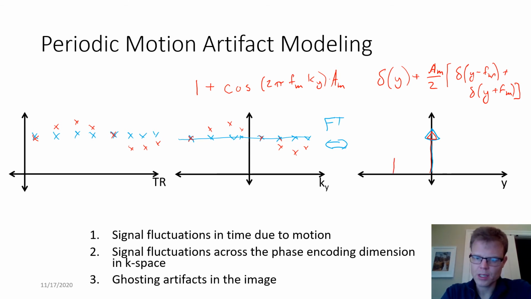But what we're going to get is these two, in this model of the motion, which is an approximation, we're going to get these two extra functions out here. These would be at some values in this case.